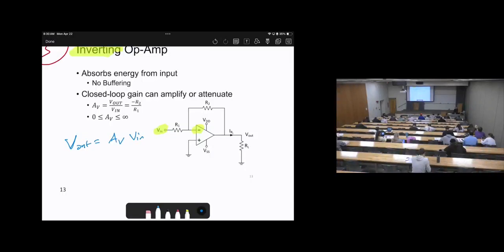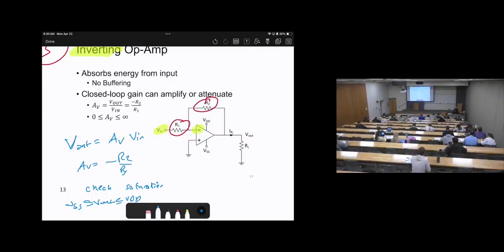The closed loop gain here will be negative R2 over R1, which is the negative feedback over forward resistor. R2 is feedback, R1 is forward. So negative R2 over R1. Then don't forget to check saturation, which is V out must be bounded between VSS and VDD.